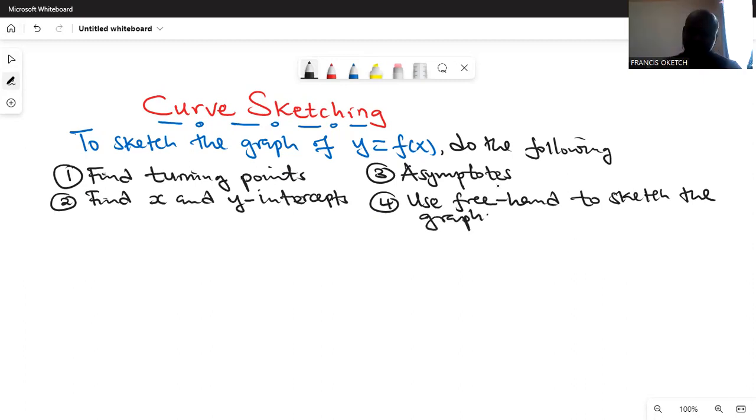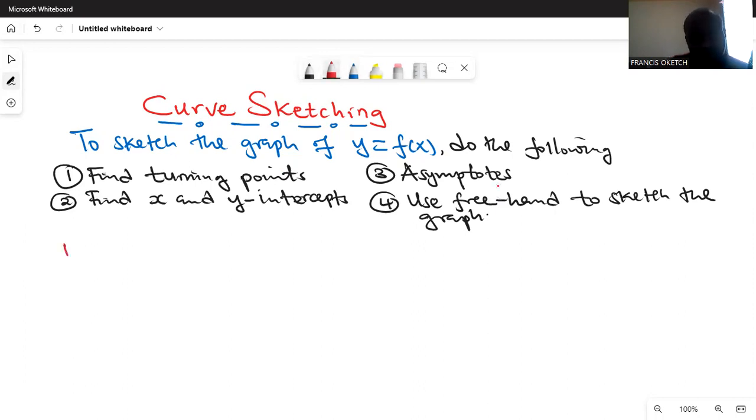So we need to know what is a turning point, what is an intercept, and what is an asymptote. So let's start with the turning point.